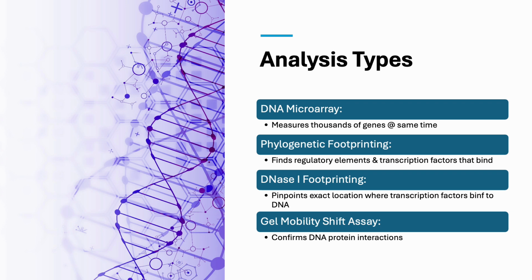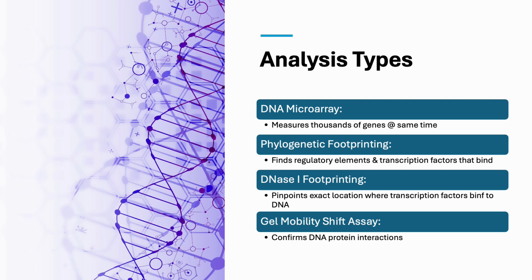The way it works is that DNA bound by a protein is protected from being digested by the enzyme DNase I, and by comparing that digestion pattern with and without the protein, we can identify the specific sequence where the protein binds.